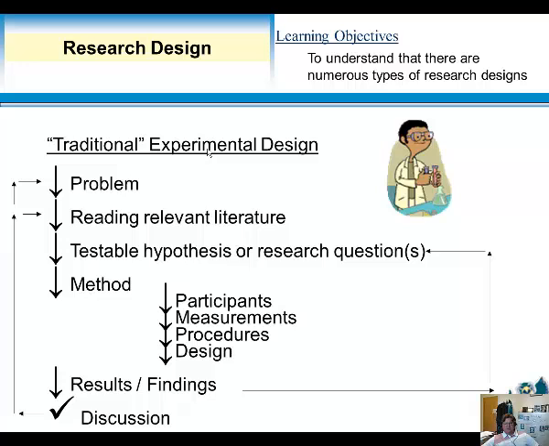From that, you come up with your results and findings. You relate that to your research questions and your research hypothesis and your null hypothesis, and then you discuss your findings, tying it back into your initial problem and comparing it to the review of literature that you conducted. So that's a traditional experimental design, and that comes from the scientific world.